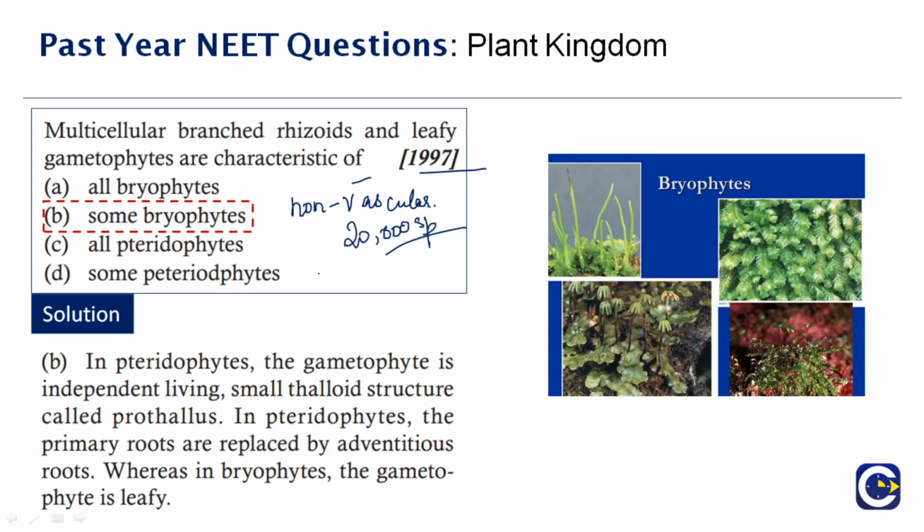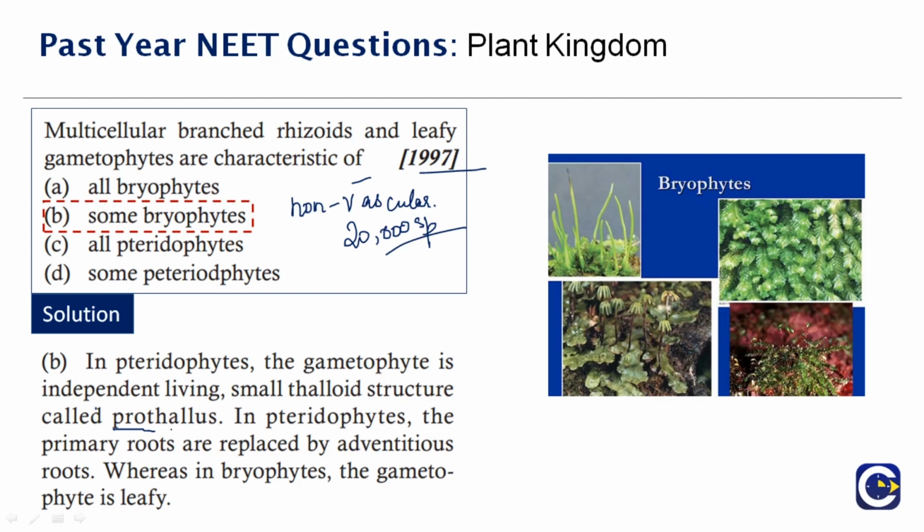We all know in pteridophytes the gametophyte is independent living, and it has a small thalloid structure called the prothallus, right? Now in pteridophytes, the primary roots are replaced with adventitious roots. So rhizoids are not present in every bryophyte, as already said, but only in some bryophytes. Those rhizoids are also called adventitious roots. Why? They take advantage of certain unfavorable or favorable conditions, whatever the requirement might be, and serve as an extra attachment to the plant.